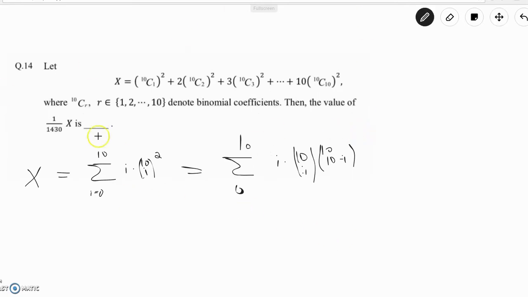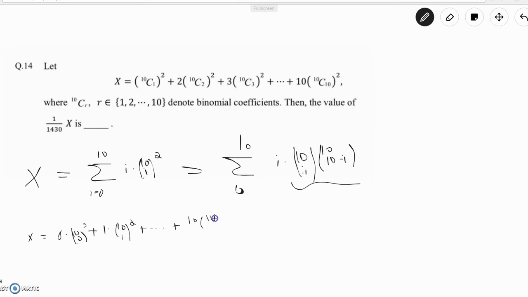So now with this definition, we can basically exploit symmetry, because we know that x is equal to 0 times 10 choose 0 squared plus 1 times 10 choose 1 squared, and all the way until 10 times 10 choose 10 squared.